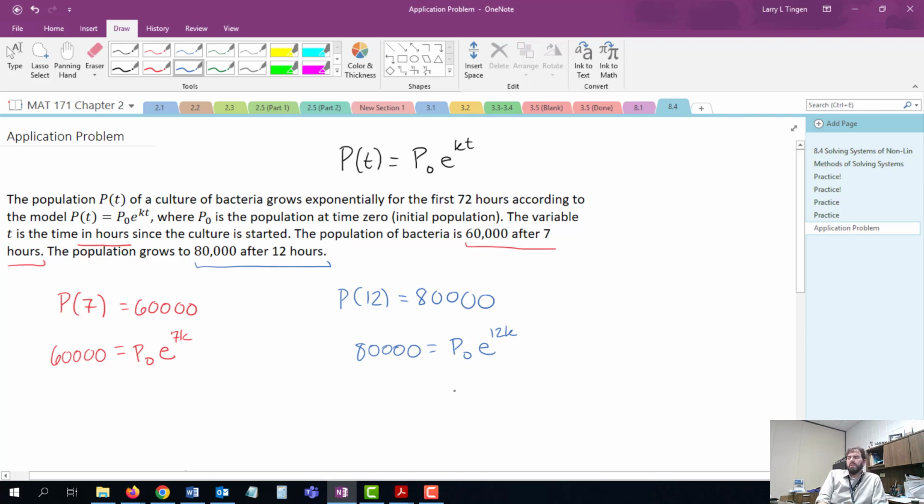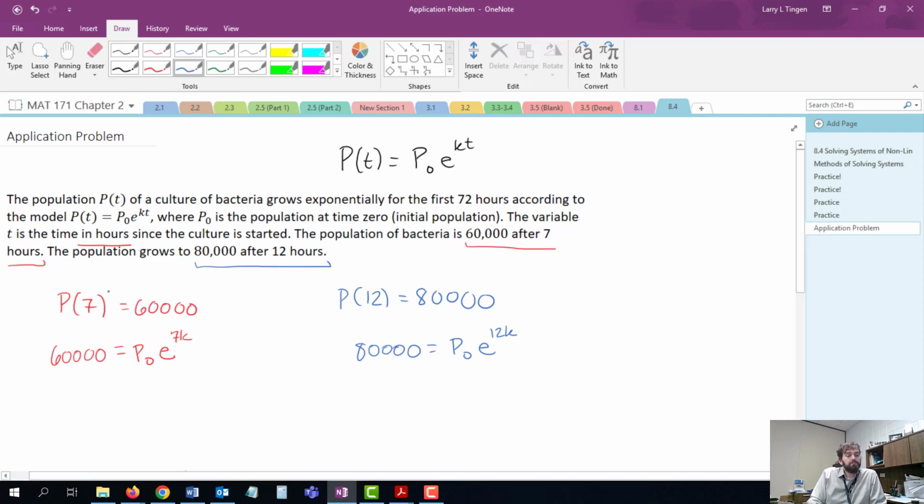All right. So I don't have 2 things that are equal, but I could solve both of these for P naught, because it's the same number on the left and the right. If I solve these for P naught, the initial value, can't I set those equal? Can't I do a substitution? Yeah.